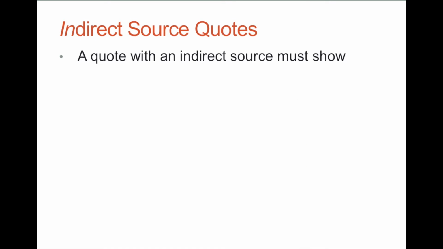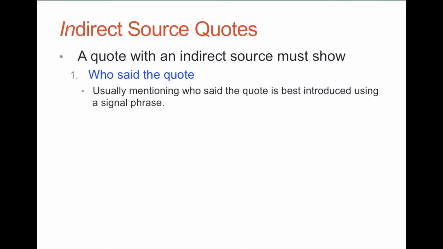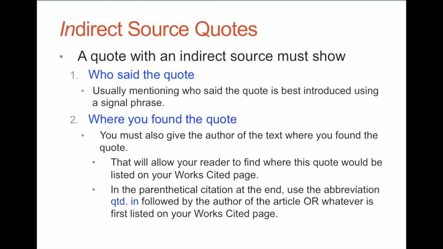So when you're setting up an indirect source, you must show who said the quote or paraphrase. Usually the best way to do this is to mention them in a signal phrase. You also must show where you found the quote. You must give the author of the text where you found it. This will allow your reader to find where the quote would be on your works cited page.